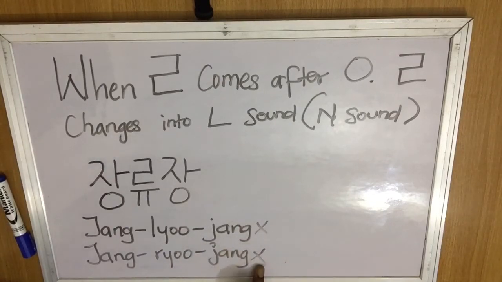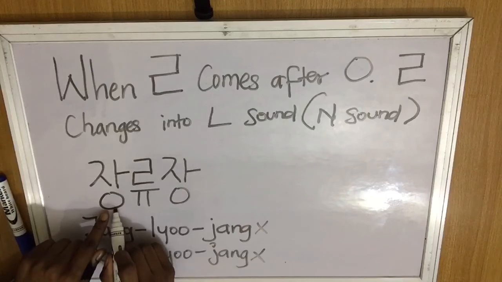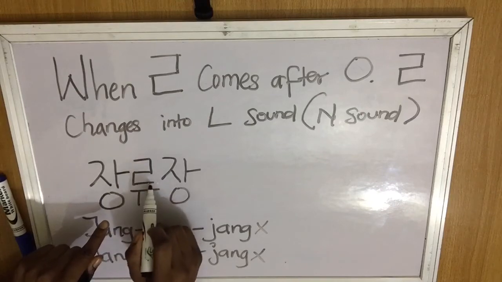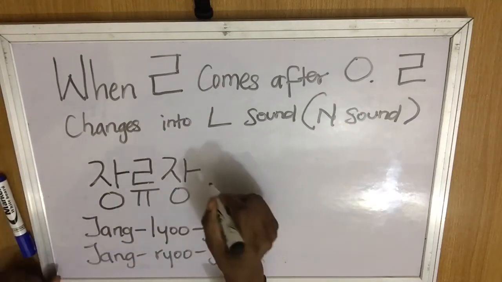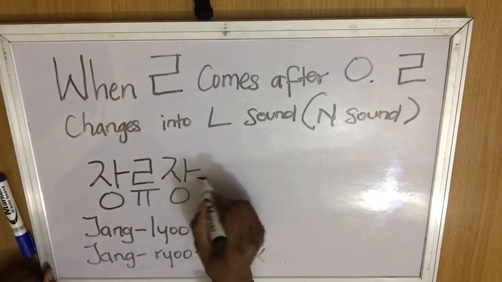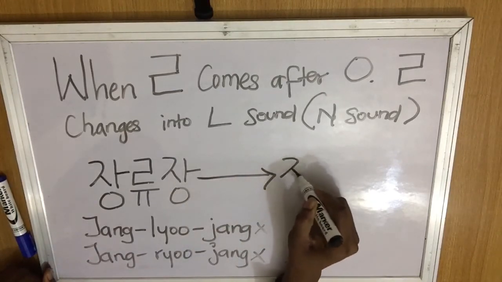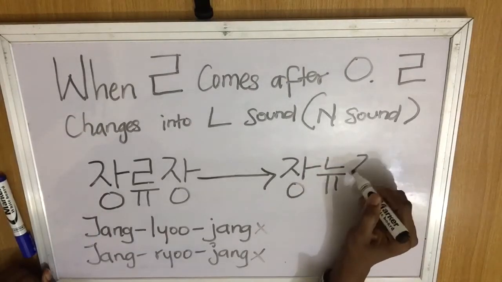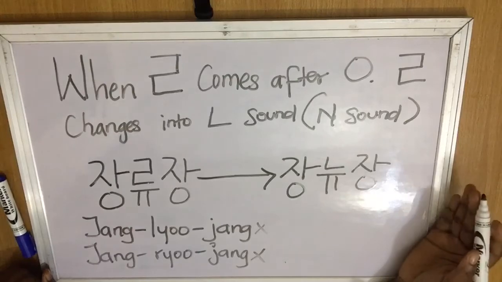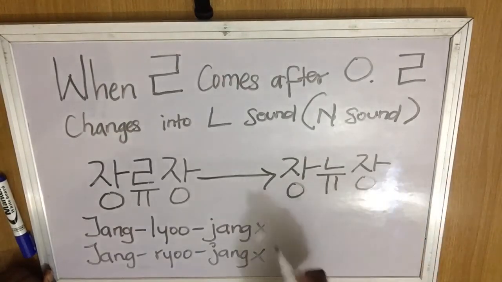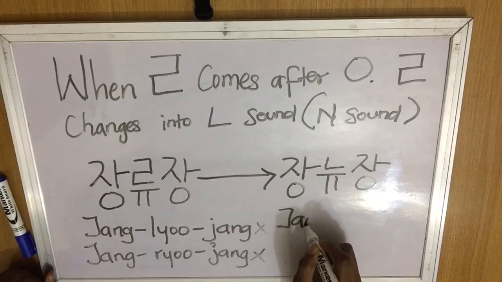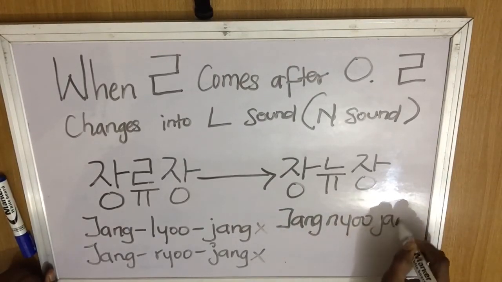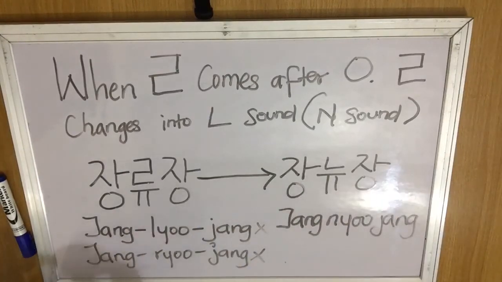Both of them are wrong. Since this and this follow each other, we're going to be changing this lil sound into an N sound. So this will be pronounced as zang, new, zang, 장유장. Zang, new, zang, 장유장. All right.